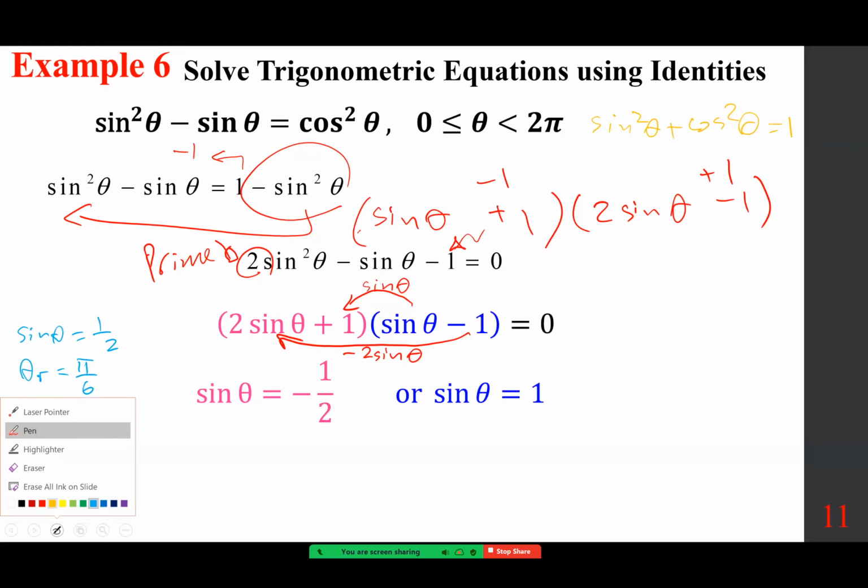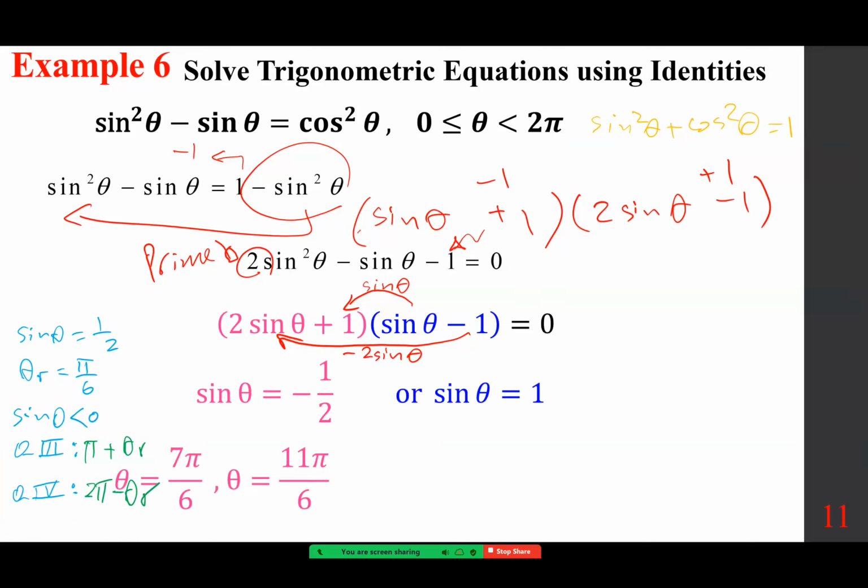In quadrant 3, we are going to add pi to the reference arc. So pi and pi over 6 makes it 7 pi over 6. In quadrant 4, 2 pi minus the reference arc. 2 pi minus pi over 6 is 11 pi over 6. So that's how you arrive at the answer.